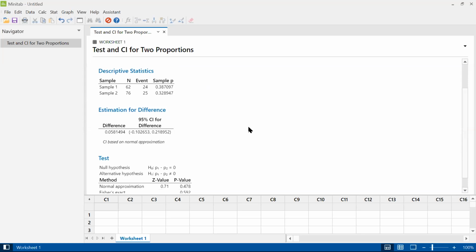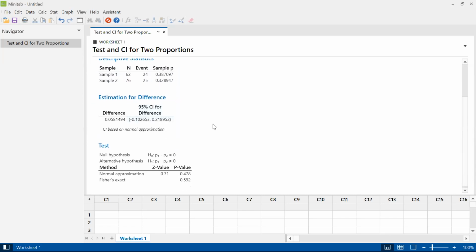All right, so the proportion in group 1 that went to college is a little under 39%. In group 2, it's a little under 33%, so the preschool group is higher, but the sample isn't that big. They're not enough higher to make a statistical difference. So the difference, our 95% confidence interval goes from negative 0.1 to positive 0.2.